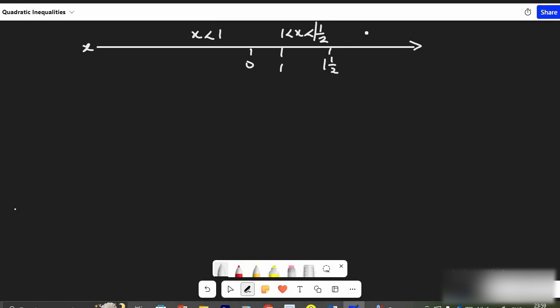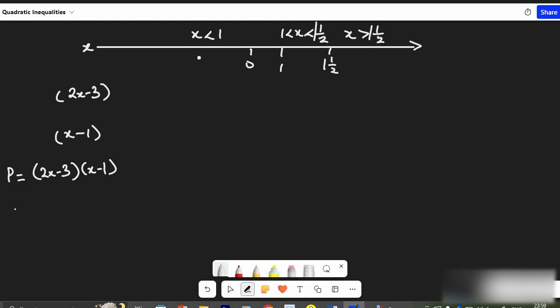And to the right of 1.5, we have that x is greater than 1.5. Okay? And of course, we have the factors here of x minus 1, because this is the product.